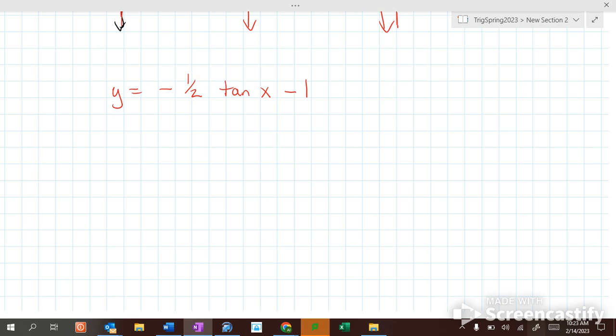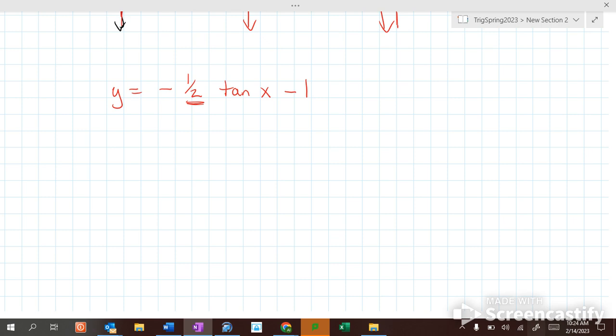Okay, now what's this negative 1/2 going to do? Flip it over the x-axis and make it half as tall. So, yeah, shrink everything down vertically. And then the minus 1 will do what? Move everything down 1. Okay.